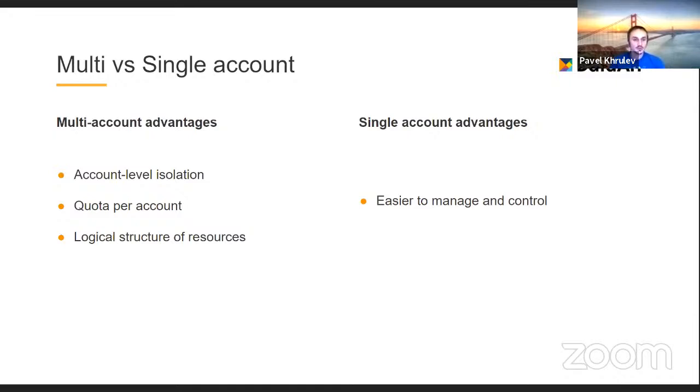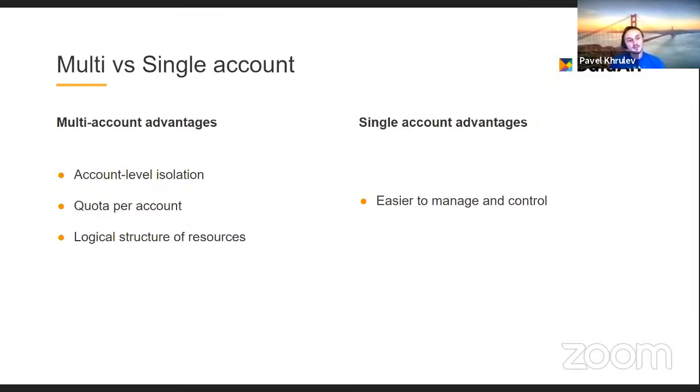If you have all resources in one account and your account is compromised, then all the resources that you have are compromised. If you separate your resources into different accounts, you will decrease the blast radius of your infrastructure.